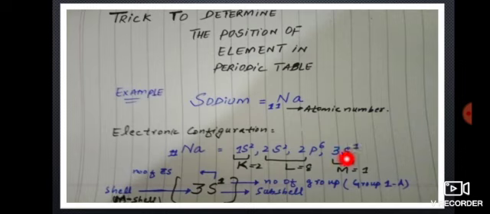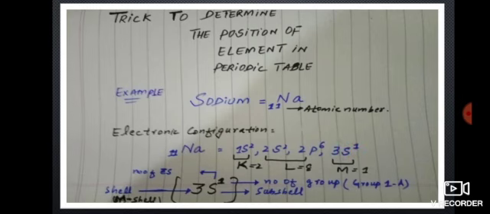The 3 shows the period number, so it will be in the third period, like K, L, M, and it has the outermost shell M. And s1 means it is present in the s block, but it has only 1 electron in the s subshell, so it is present in group 1A.